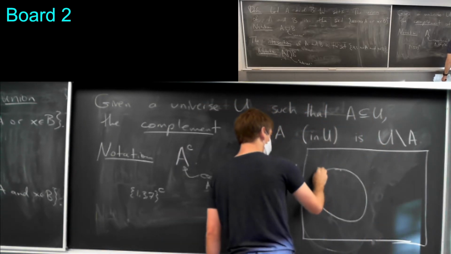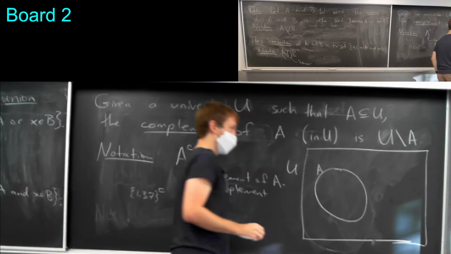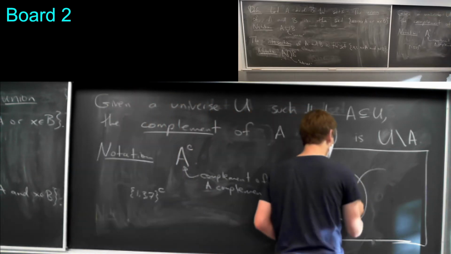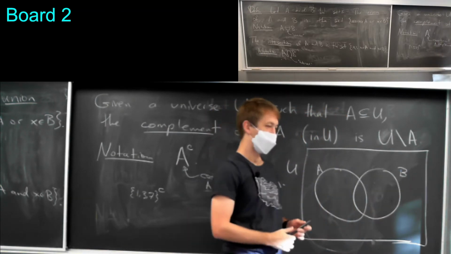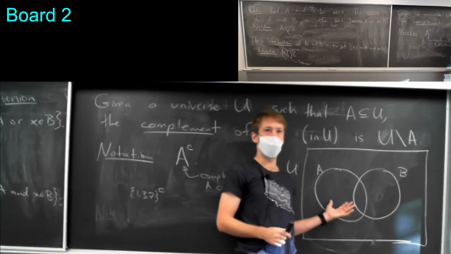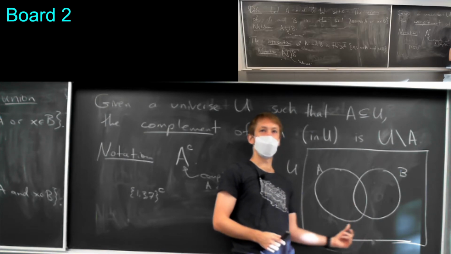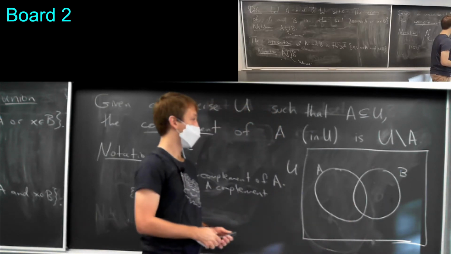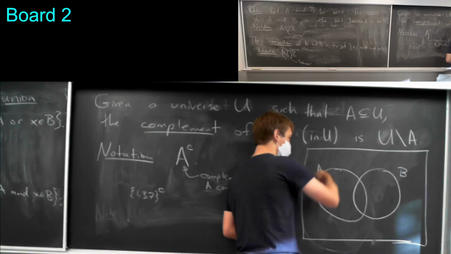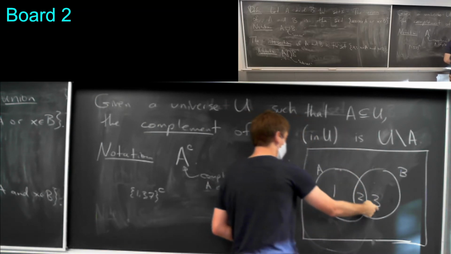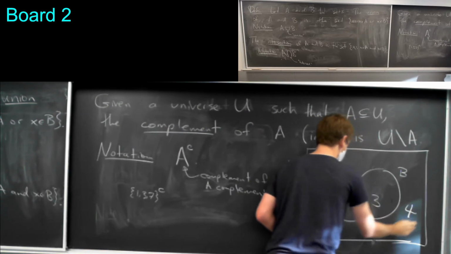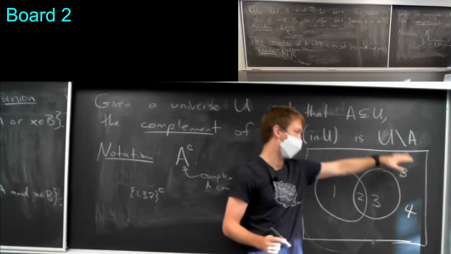Let's say that everything inside this circle is the elements of A. Everything inside this circle is the elements of B. And there are some elements in both of them and some elements which are in neither of them, etc. So this breaks up the universe into 4 regions. I've got this region, that one, and the 4th region is the outside of A and B.